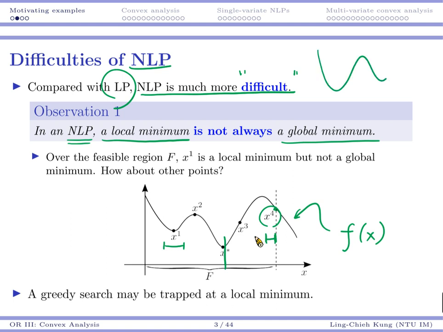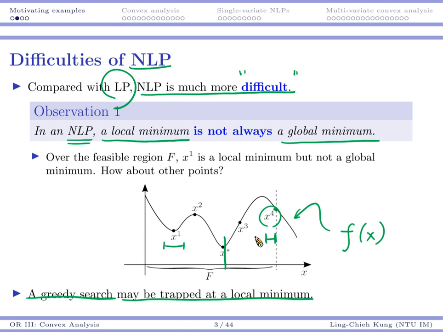So you may remember that your gradient descent, Newton's method, whatever, they typically go down, and then they stop when they find a point whose, for example, gradient is equal to 0. Okay, that's gradient descent. So if that's the case, gradient descent really can get you to a local minimum, but you have no way to tell whether it's global minimum or not. So a greedy search, something like gradient descent, may be trapped at a local minimum.